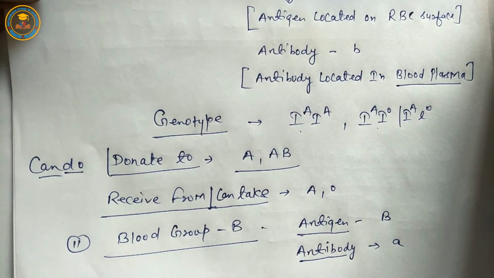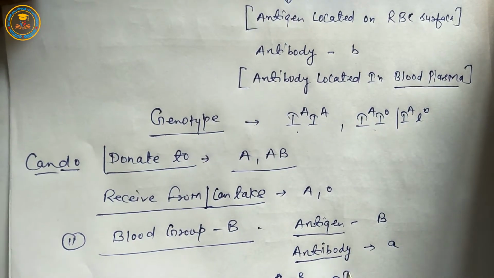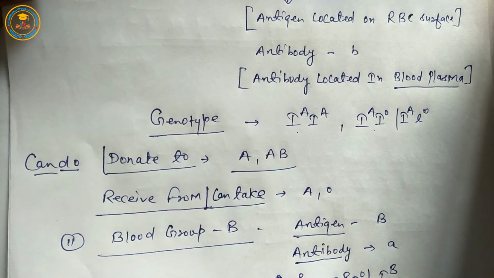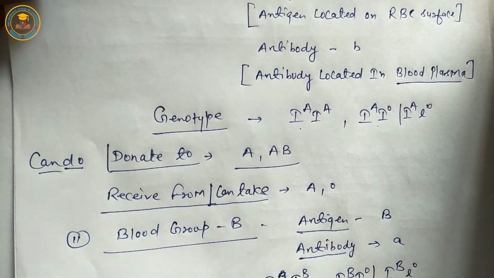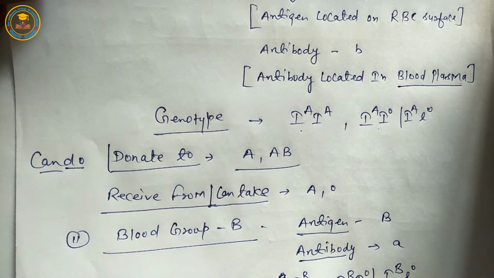It is IB IB, second is IB I0. It means blood group B has two genotypes.